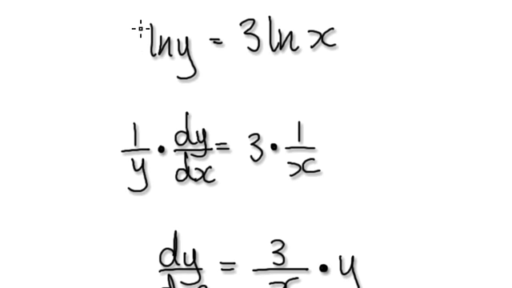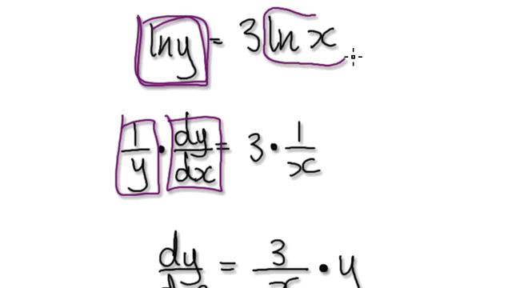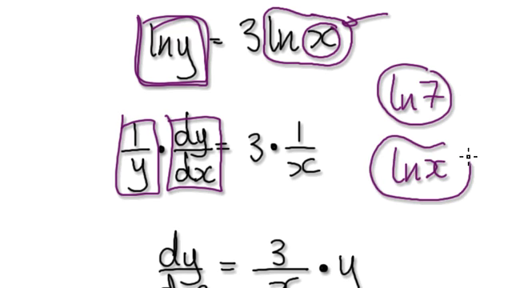And looking at this, don't forget this here is not a constant because there's an x here. If you're looking at something like this, then this here is a constant, but this here is not a constant.